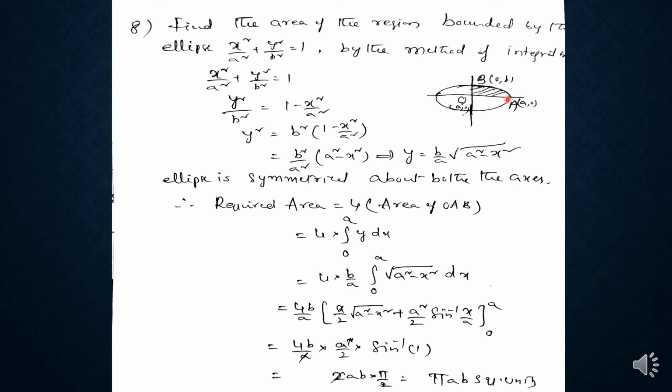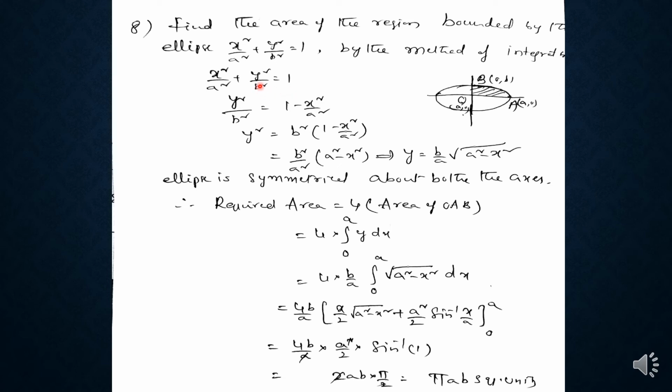AB is the part of the curve of the ellipse, the x-axis OA, and the two lines, that is OB, x is equal to 0, and x is equal to a, small a. So the required equation of the ellipse is x square by a square plus y square by b square is equal to 1. From this equation we have to write y in terms of x.